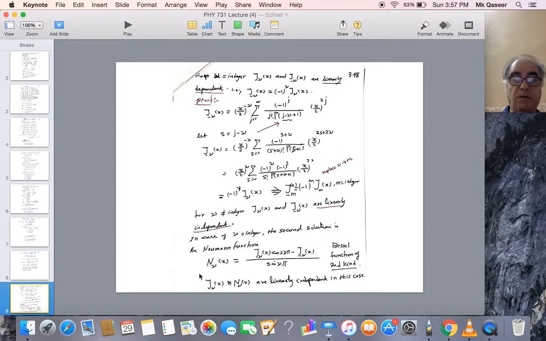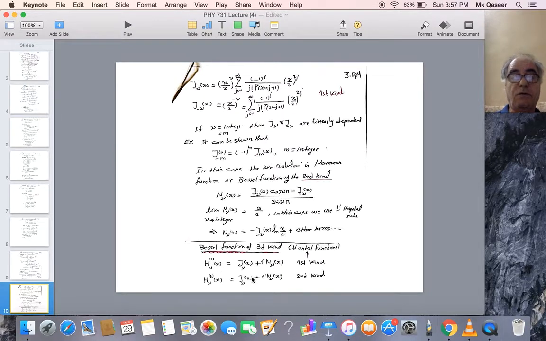Now these two functions are linearly independent, and n nu is a second solution whether nu is an integer or not. Again here I am writing the first kind, and this is the case of m equal to an integer, and this is the Bessel function or Neumann function.